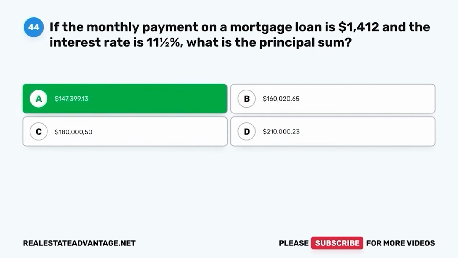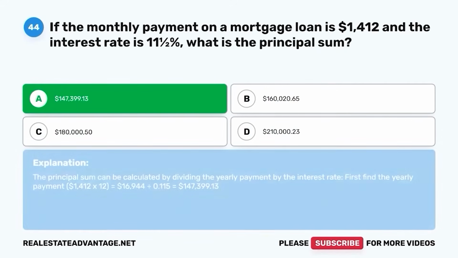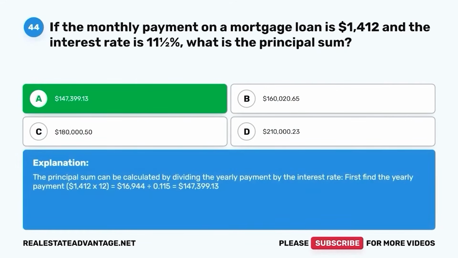The correct answer is A, $147,399.13. The principal sum can be calculated by dividing the yearly payment by the interest rate. First, find the yearly payment: $1,412 times 12 equals $16,944, divided by 0.115 equals $147,399.13.